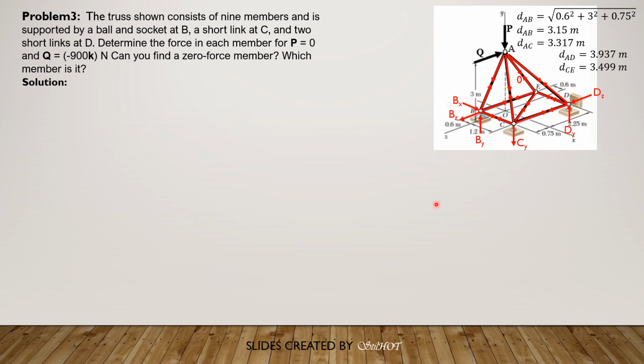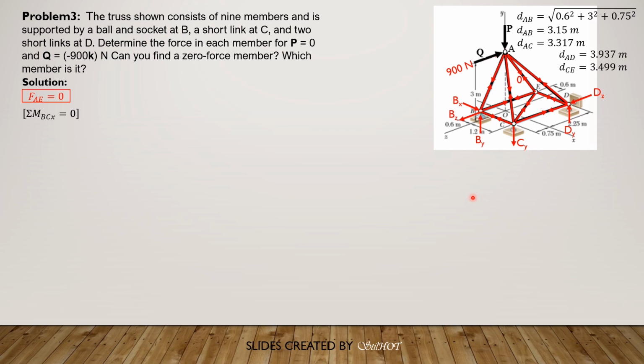Okay, so we begin by isolating joint B. So that's 900 newtons. We begin by computing for the reaction components. First, summation moment about BCX. So FAE is 0. Summation moment about axis BCX or along BX equals 0.